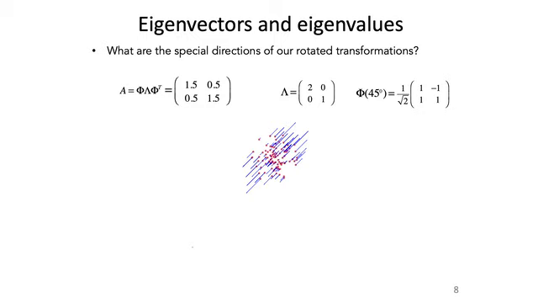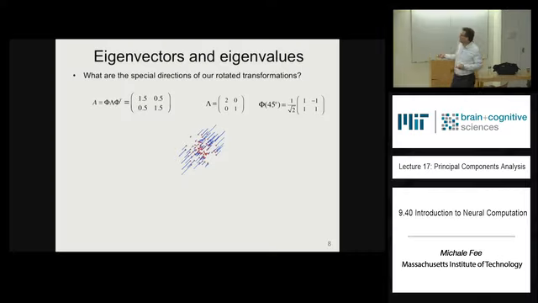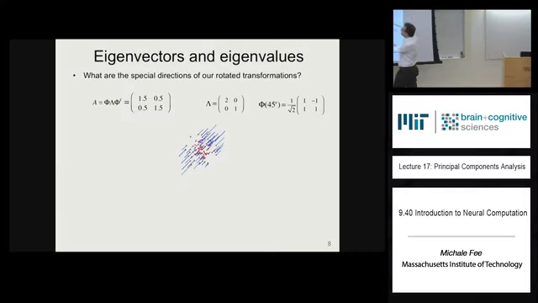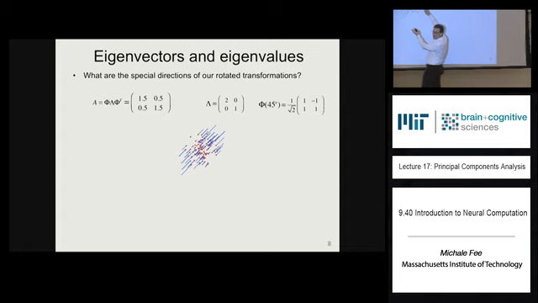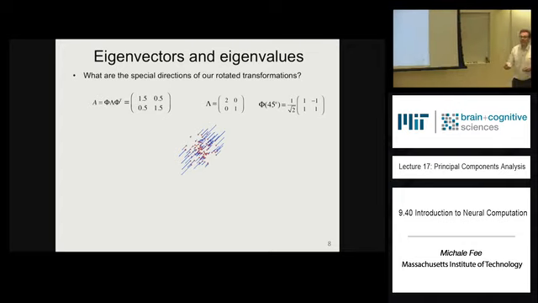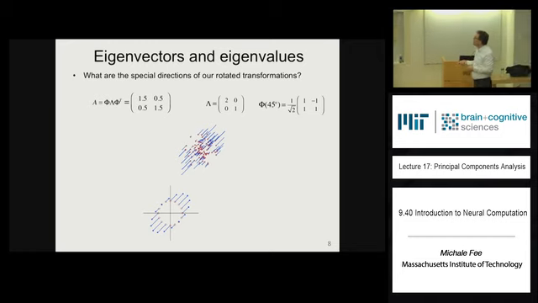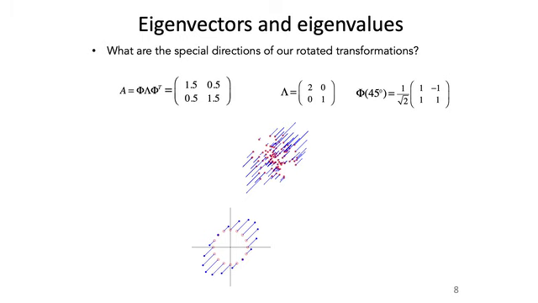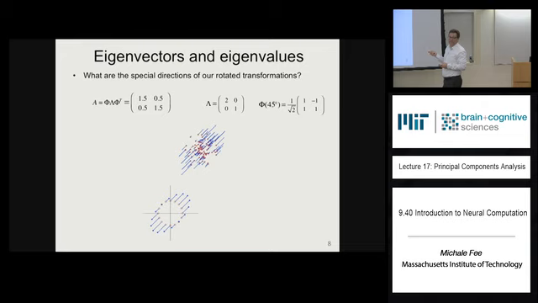We built it by taking this set of vectors, rotating them, stretching them, and then rotating them back. We did that with 3 separate transformations applied successively, by multiplying phi transpose, lambda, and then phi.